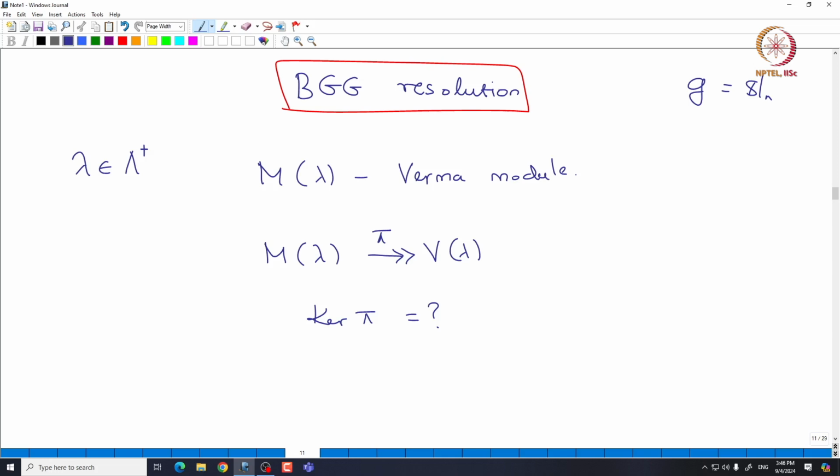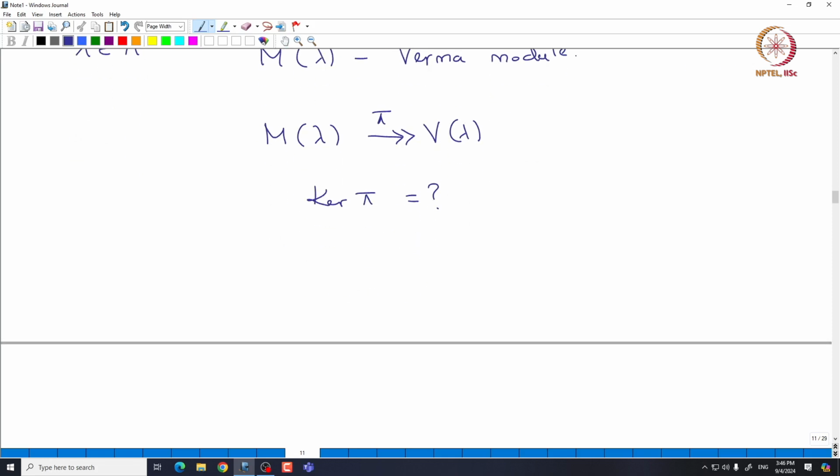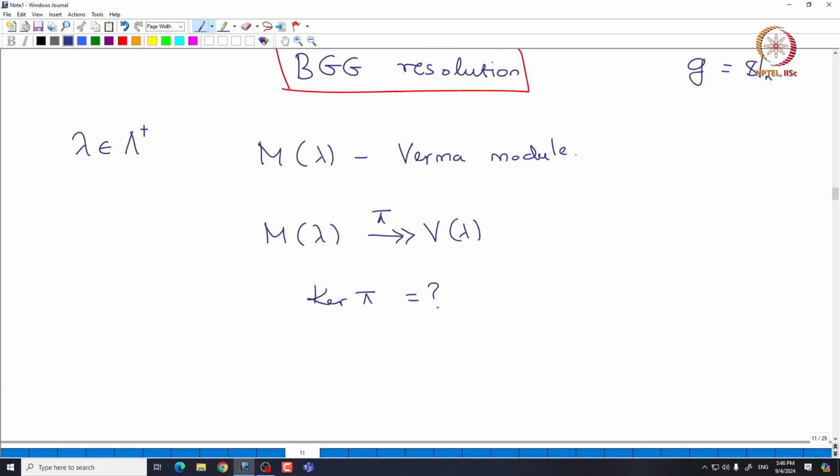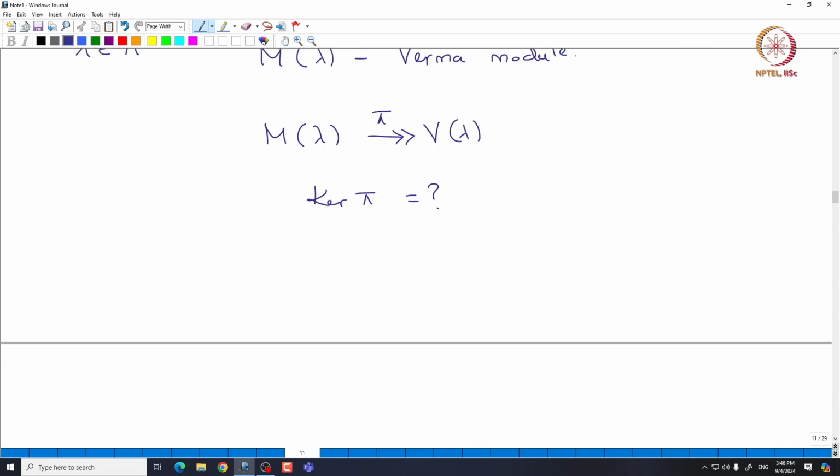Okay. For that purpose, let us just outline, because the proof we have already seen. The proof that whenever lambda is dominant, V of lambda is finite dimensional, the same proof can be adopted here to prove the following.